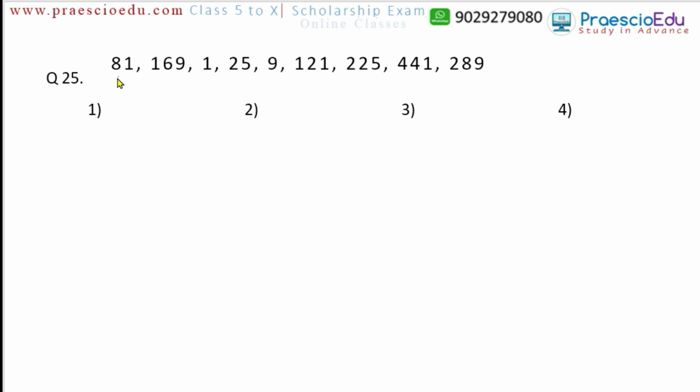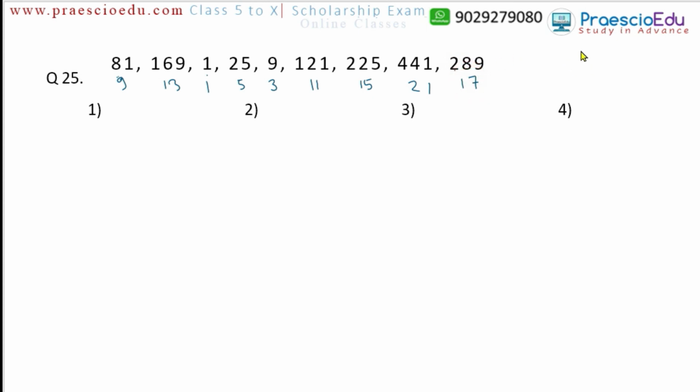So 81 is the square of 9, 169 is the square of 13, 1 is the square of 1, then 25 is the square of 5, 9 is the square of 3, 121 is the square of 11, 225 is the square of 15, then 441 is the square of 21, 289 is the square of 17.